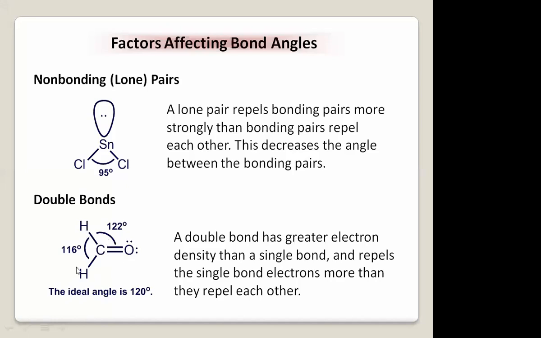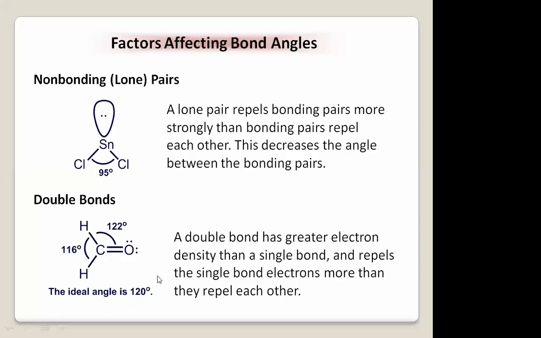It repels this and expands this. So you will now have 122 instead of 120, and you have another 122 instead of 120, and this becomes 116. So the presence of this double bond, because this is an electron system, is repelling this bond and repelling this bond and reducing that bond angle.